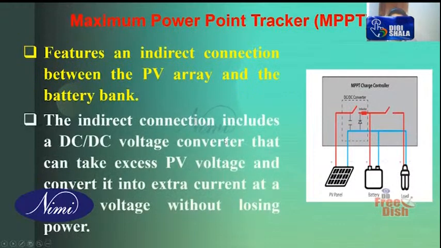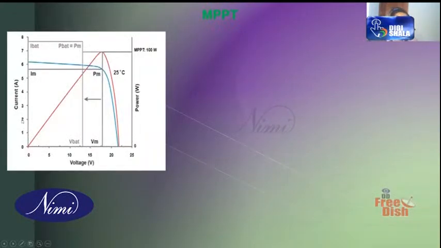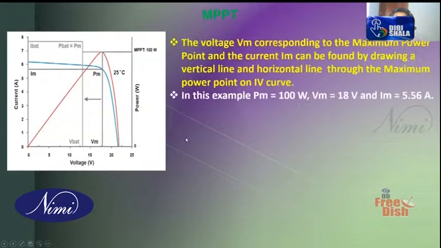Okay, so let us see what is happening here. Already explained, this is the maximum power point. This is the voltage corresponding to the maximum power point, VM, and this is the current, 7 ampere. So 7 into 18, it is a 100. You can say 18 volt into 5.56.